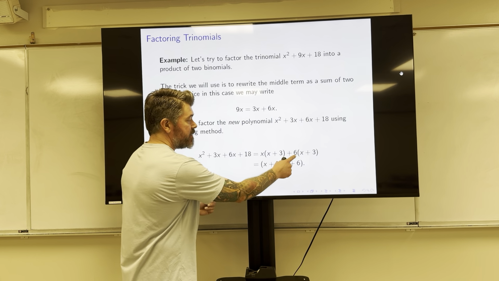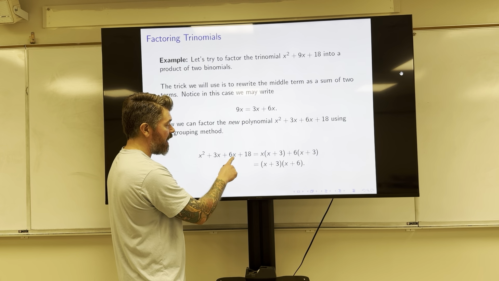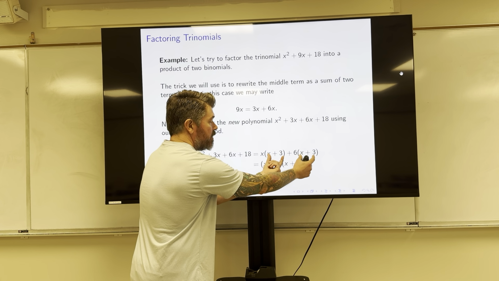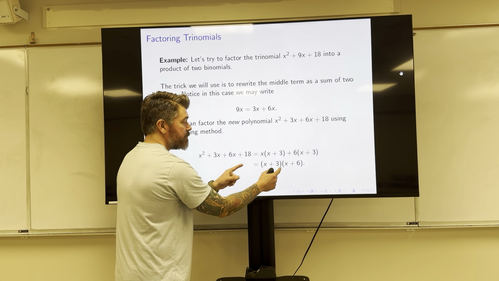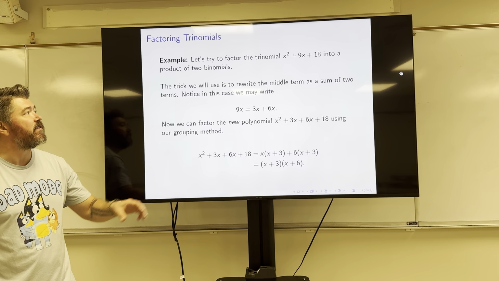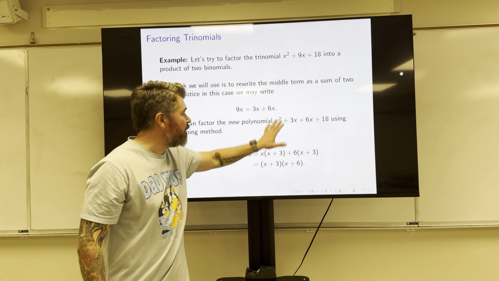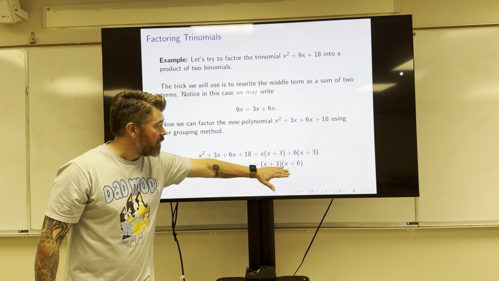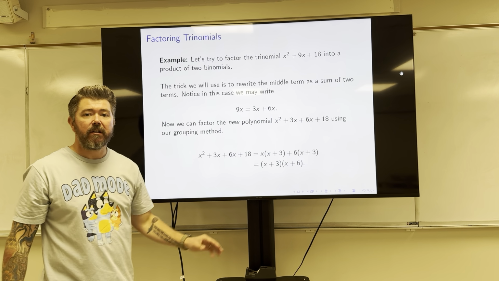So take out a 6, what's left over? I have an x and a plus 3. Now here's my common binomial. Pull it out. What's my leftover? X plus 6. Right? So we've now factored this trinomial by rewriting the middle term and using our grouping method here.